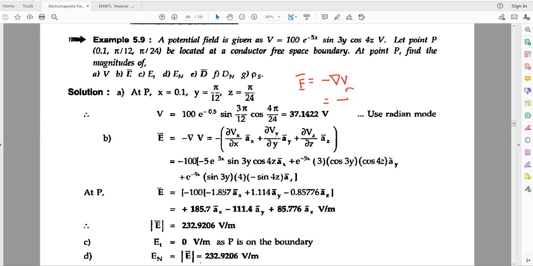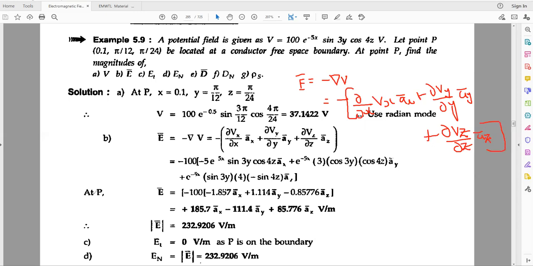Minus del V is minus of dou V by dou x, that is Vx, times the Ax bar coefficient, plus dou V by dou y, which is the Ay bar coefficient, and similarly dou V by dou z is the Az bar coefficient.